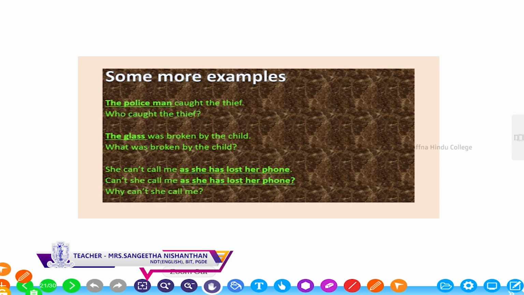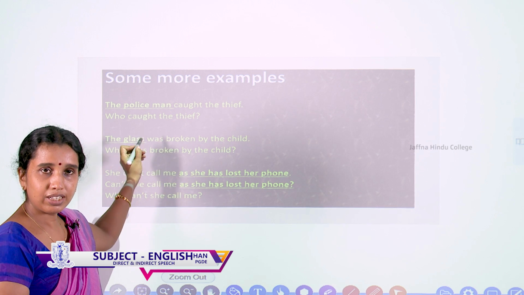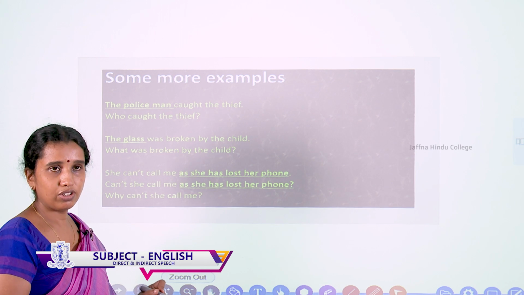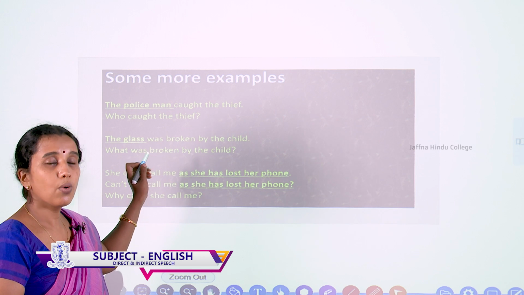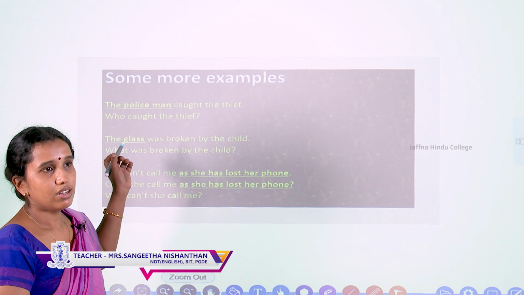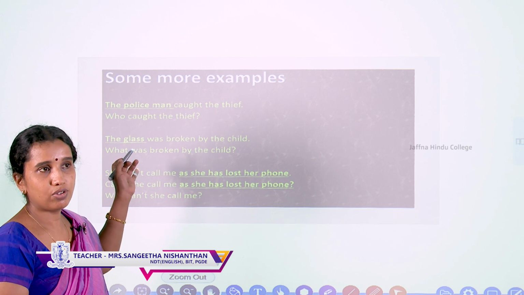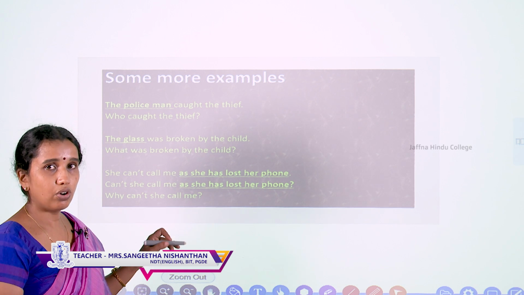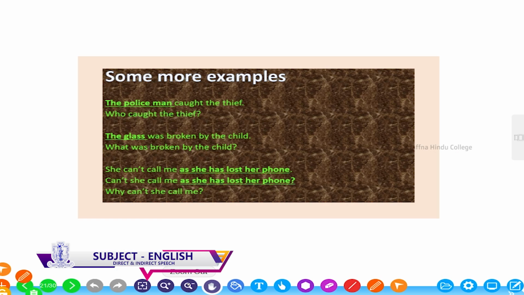Some more examples. The policeman caught the thief. Here the subject is the answer, so the question word is who. Who caught the thief? Here the subject is the answer, so there is no need to change the word order, as who denotes the subject. The glass was broken by the child. The question is: what was broken by the child?